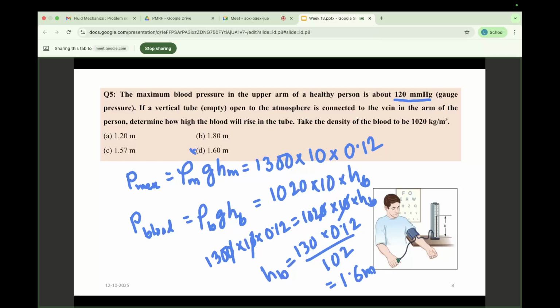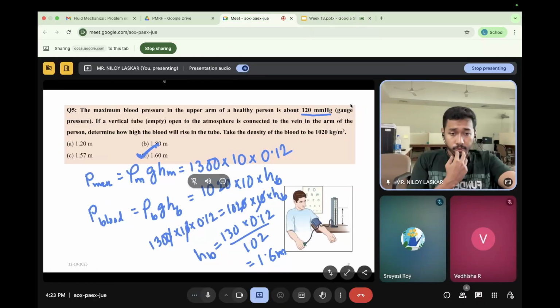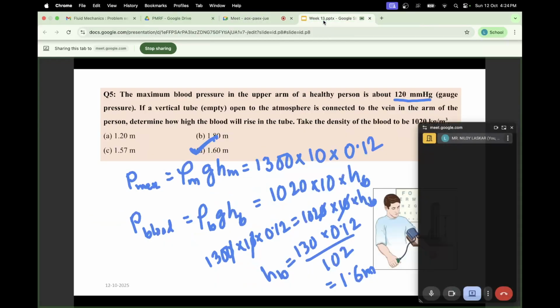So the correct answer is option D. I hope that you understand this thing. So I move into the next one.